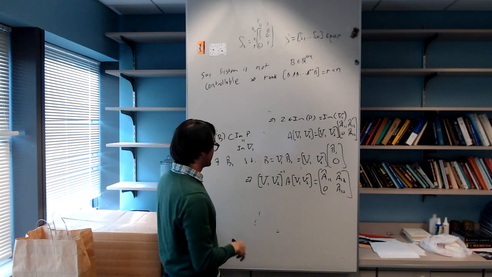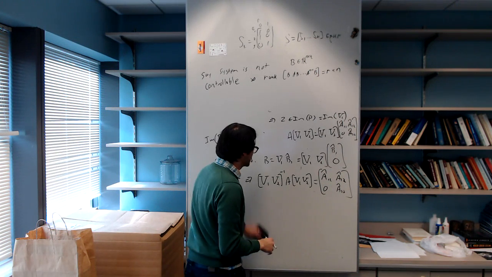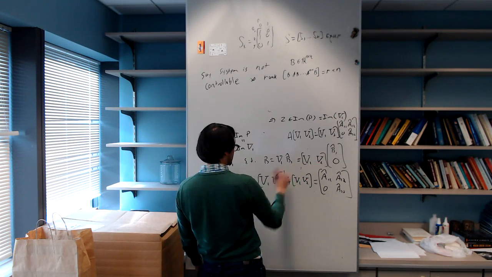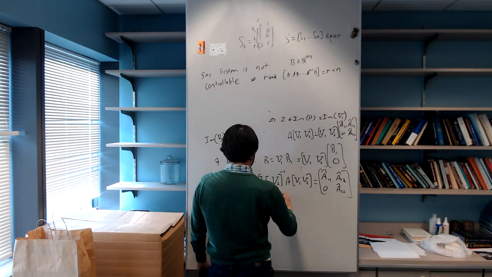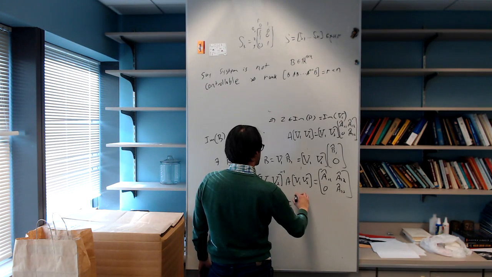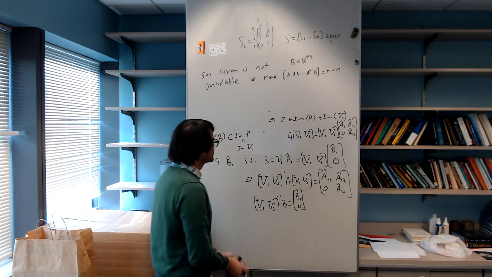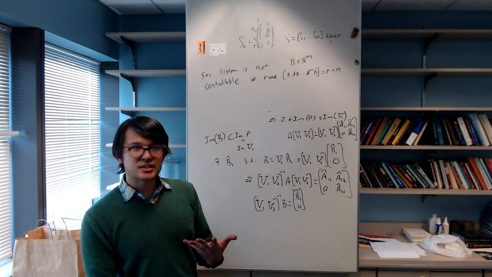And the last thing that we're going to see here, again taking this to the other side, is V1, big V2 inverse B must then be equal to [B1 hat; 0]. Like that. So the construction of this is actually very simple.